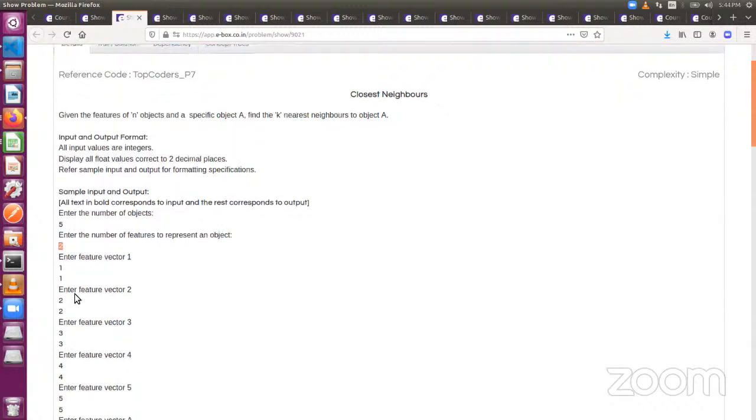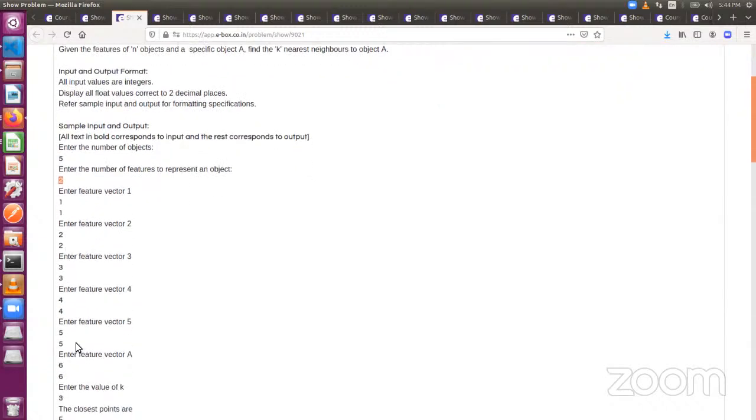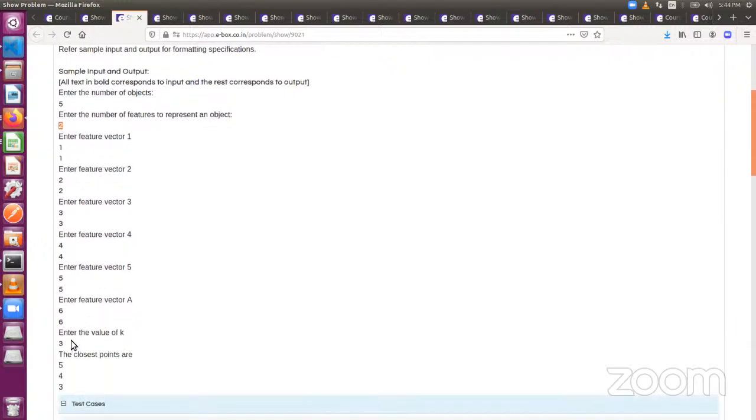Fine. So after finding the distances, you'll be creating a distance matrix, right? And then they want you to find the nearest neighbors.